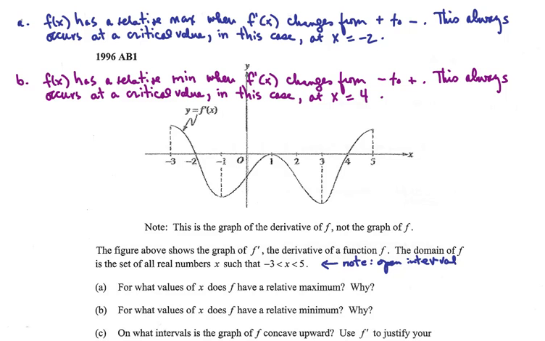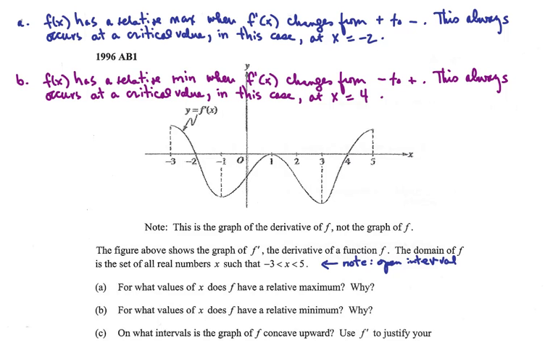In this case, it has to be at one of the critical values, where the derivative is 0 or doesn't exist. There were 3 of them, remember: x equals -2, x equals 1, and x equals 4. But we're looking for the specific instance where the derivative changes from negative to positive, and that's at x equals 4. Alright, we're moving right along.